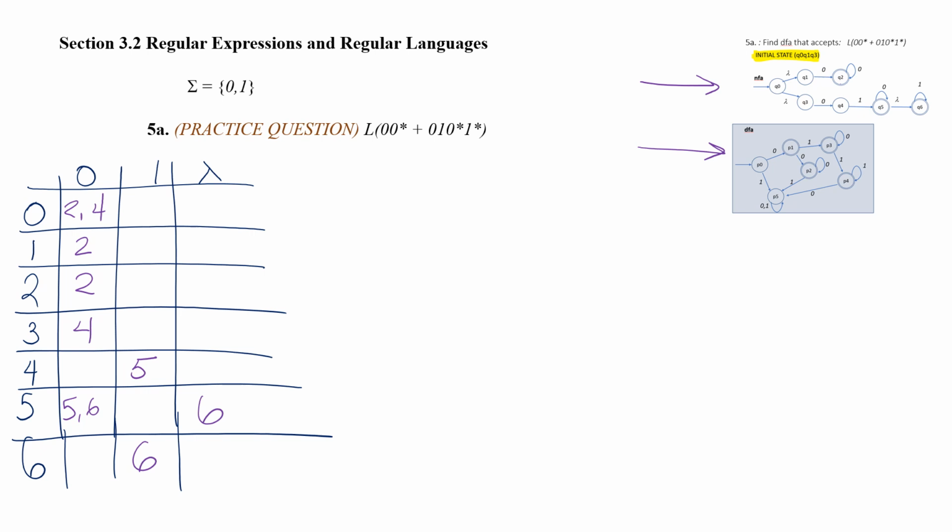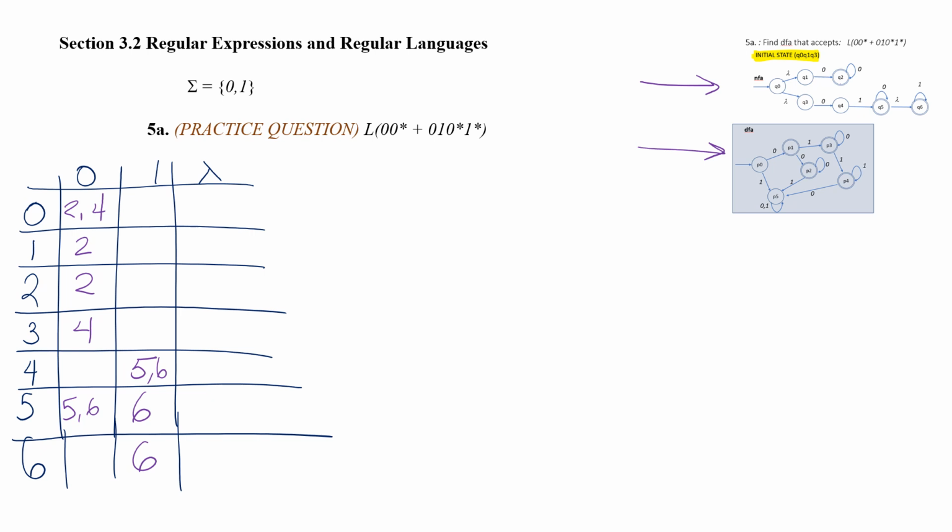You can see it also in the table. I'm in Q4. I consume a 1. I get to 5, then 5 gives me the opportunity to jump to 6. If I'm in Q5, I can lambda jump to Q6 and consume a 1.